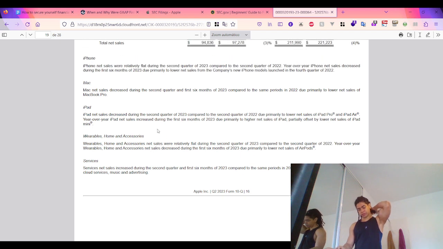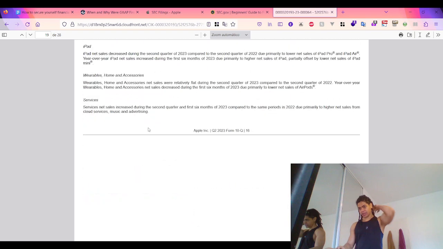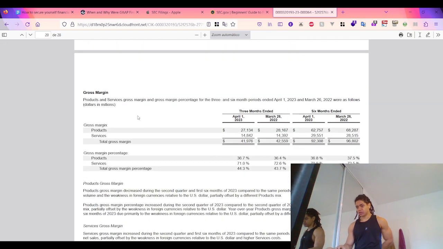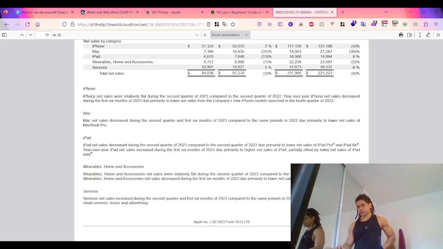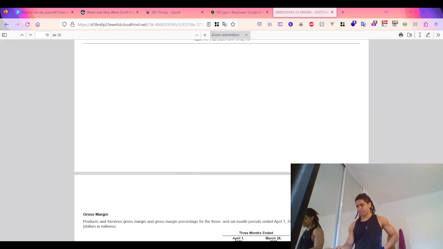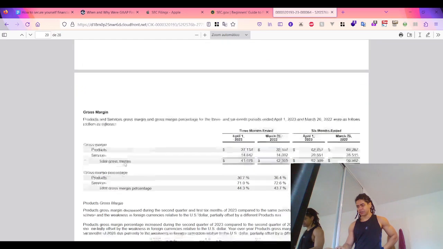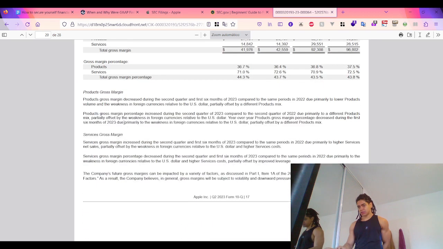The wearables were flat. The iPad and Mac decreased, and iPhone, just their flagships. This is their flagships. Interesting.